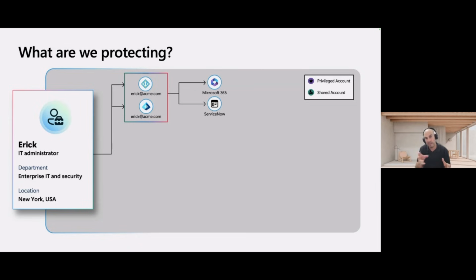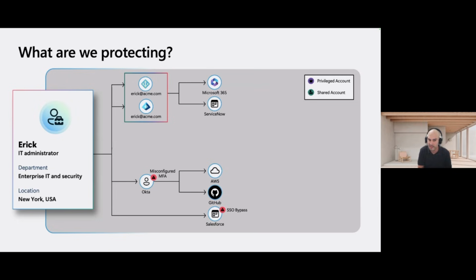These accounts are used on a daily basis to sign into M365, send emails, chat on Teams, and upload files to SharePoint. In addition, Eric's identity footprint spans additional systems, meaning this organization also uses Okta for some use cases. So Eric has a user account in Okta, and from Okta he can sign into AWS and GitHub.